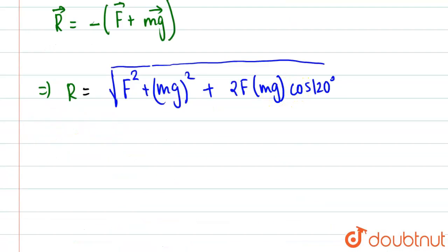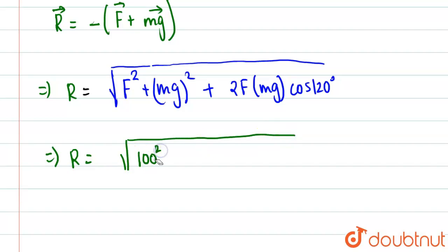So R will come out to be, if you see properly, there will be many 100 squares. So this will be 100 square, let's write 10 to the power 4, plus 10 to the power 4 again, plus 2 into 10 to the power 4 and there will also be cos 120 degrees, which is 1 by 2.